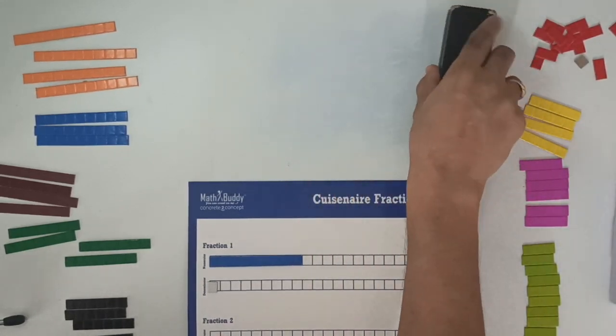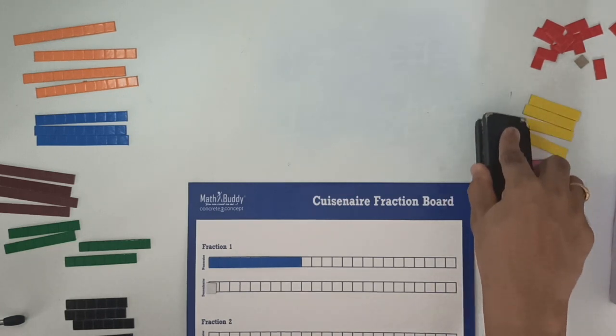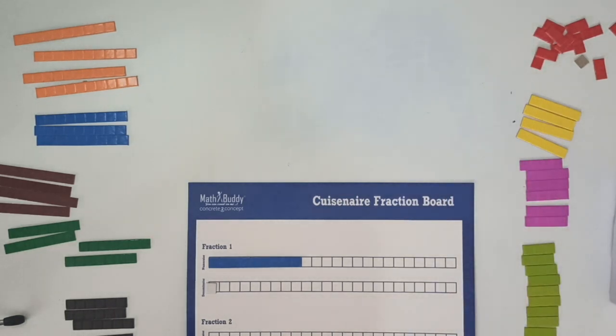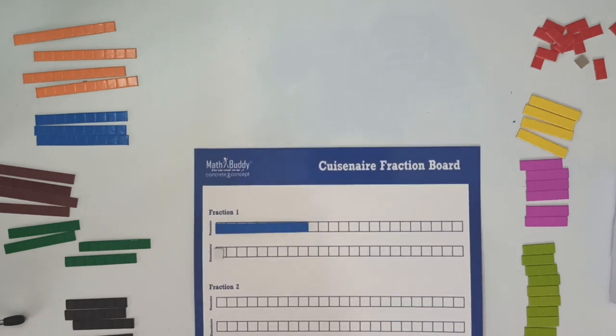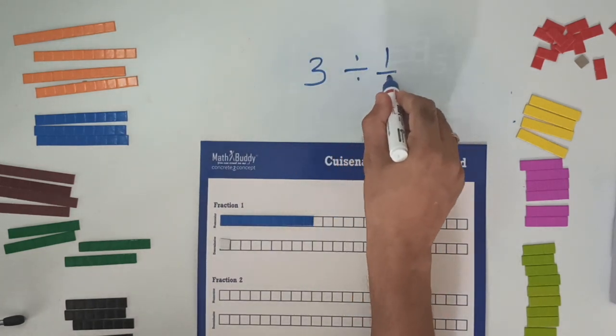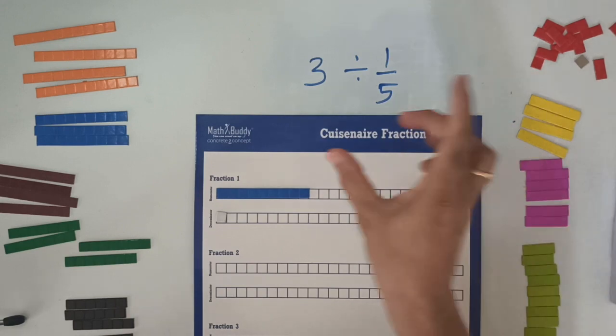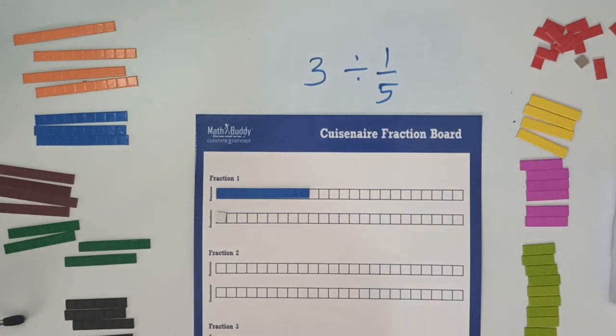I'll just do one more example where we have the numerator as something which is more than 1. Let's say that I want to do 3 divided by 1 by 5, right? Now what's the meaning of this? The meaning of this is, if I have 3 wholes, right, how many 1/5 of a whole will be there in that, right?